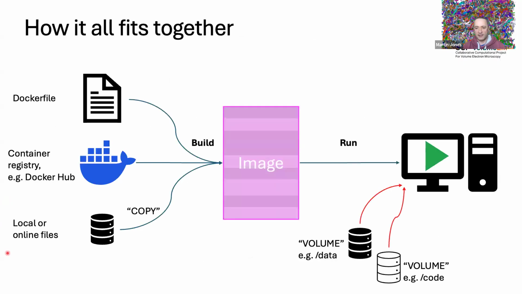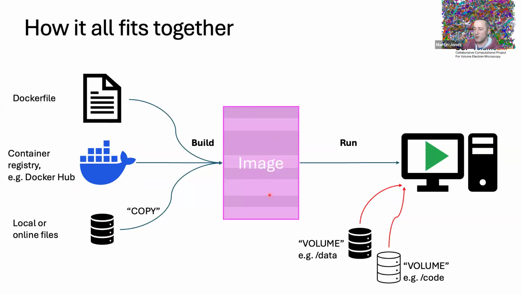Okay, so how this all fits together. If I've got my Docker file, that specifies the build, and that might go to something called a container registry, where it pulls that Python image from or some other base image. And then maybe I send in some local files like the requirements file or some test data.